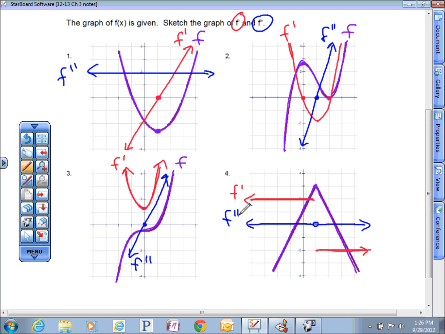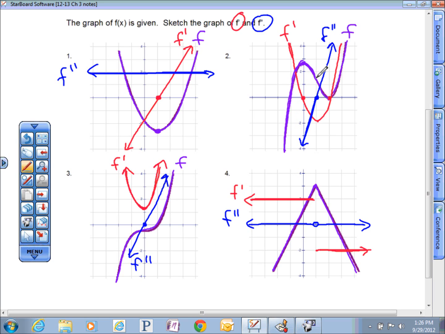Now, before we jump to the next page, I want to make a connection. Little connection here. Look at the blue function. Let's go back to example number 1. Blue function is positive. Let's look at concavity of the purple function. When the blue function is above the x-axis, the purple function is concave up. Example 2. Blue function below the x-axis, purple function concave down.